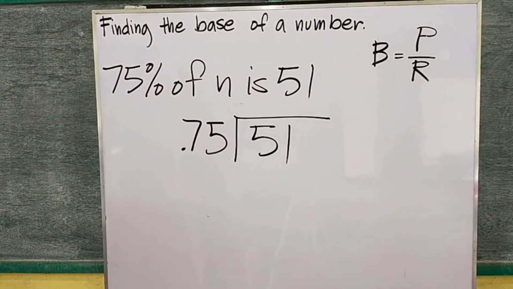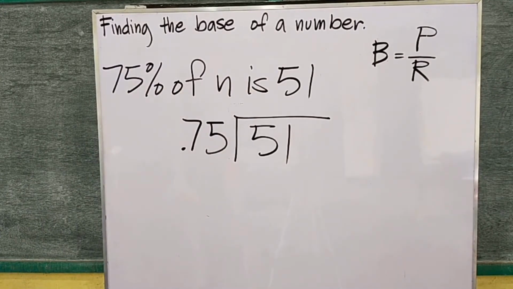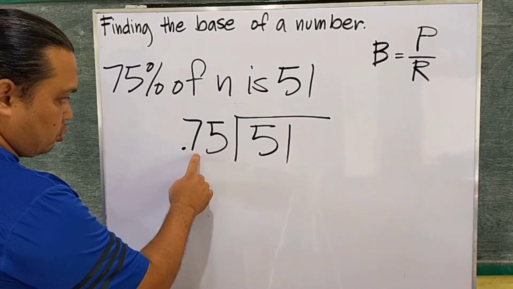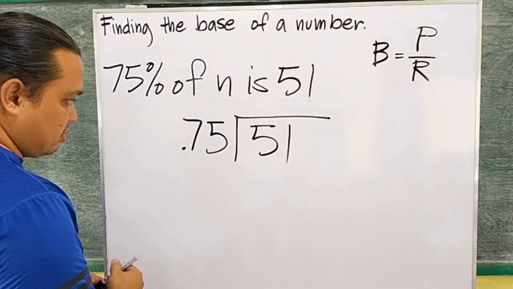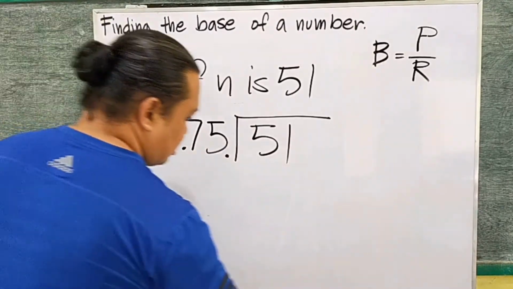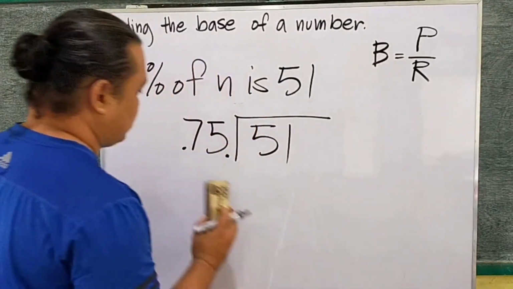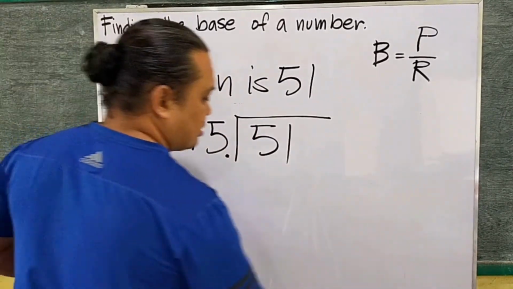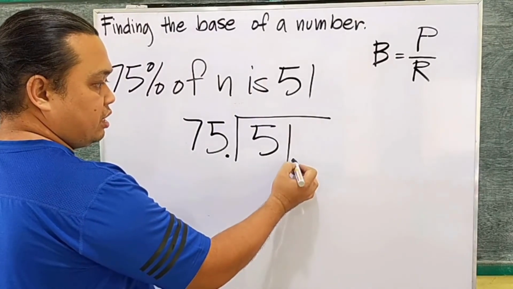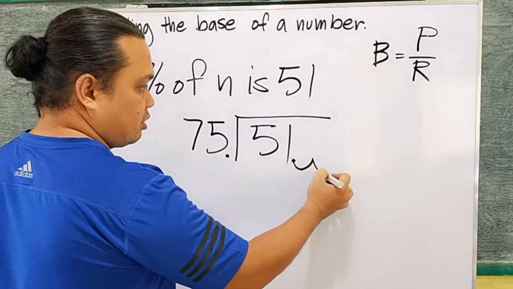So, dividing a whole number by a decimal number. Change this into a whole number first. 2 steps to the right, to make this decimal number into a whole number. And to equalize them, the decimal point here, we also need to make 2 steps to the right.